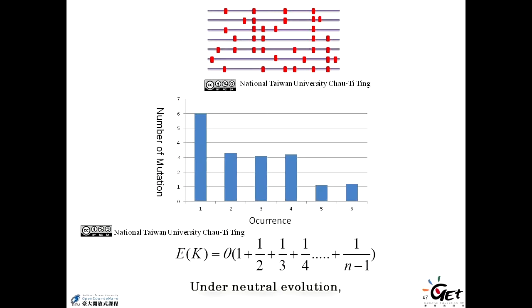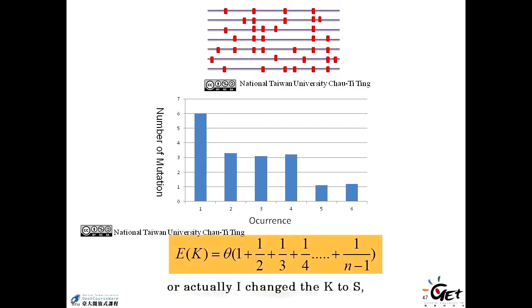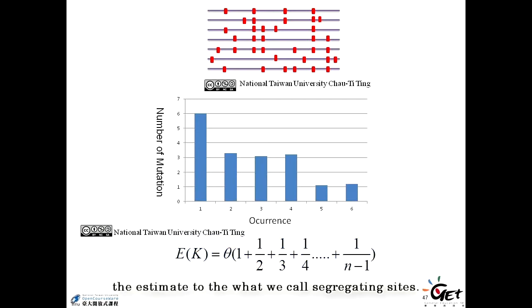Under neutral evolution, the estimate, I changed the K to S. The estimate is based on what we call segregating sites. Segregating sites are the sites showing variation, showing polymorphism in our sample. Those are the segregating sites. So the segregating sites are in a relationship with the population polymorphism.